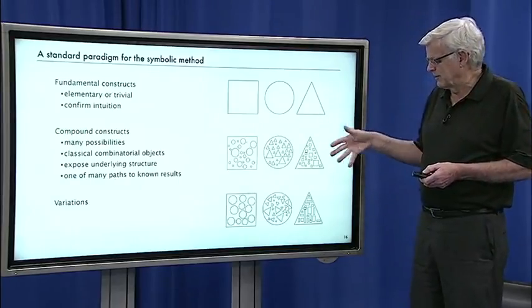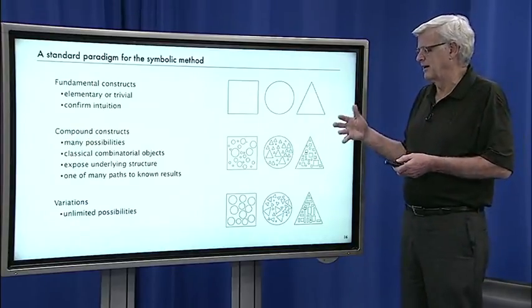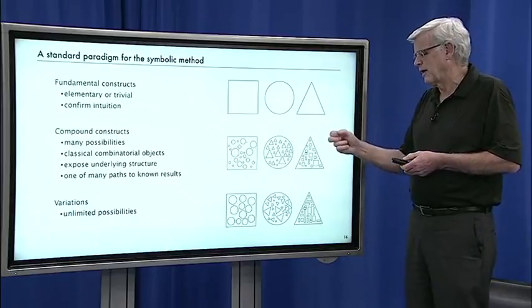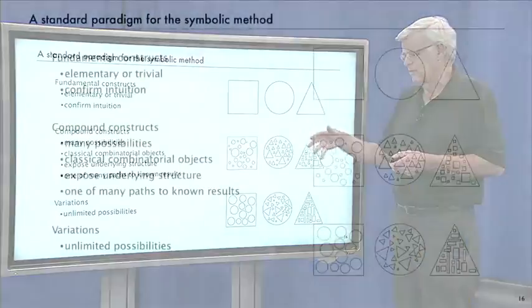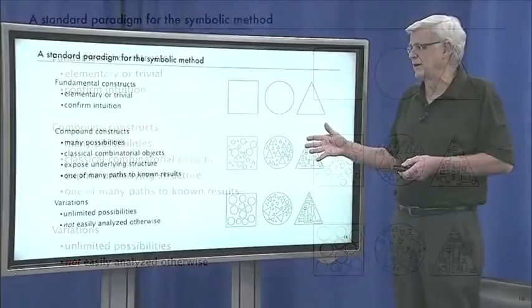But the main point is that we can study variations where we try other possibilities. And we have restrictions on things and so forth. And this is what comes up in practical applications, and there's an unlimited number of possibilities. But the structure that we learn from the fundamental and compound constructs just follows right through, and we get results that really we couldn't even consider approaching otherwise.